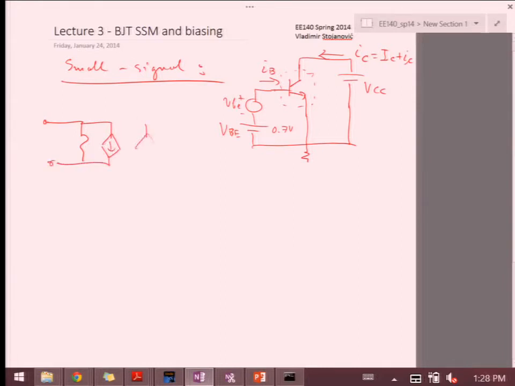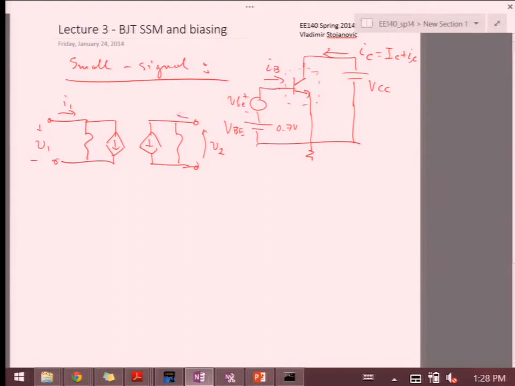And this is, for example, called the Y model. I'll say that this voltage is V1. It has a current of I1. And this voltage is V2. And the current is also I2.